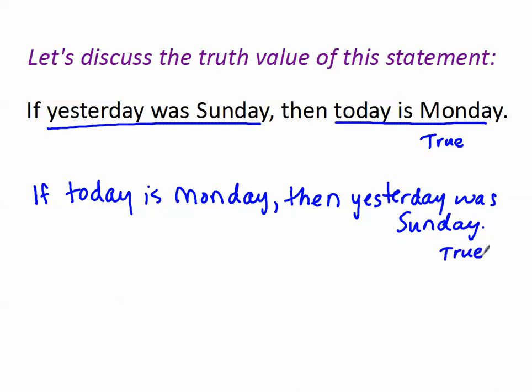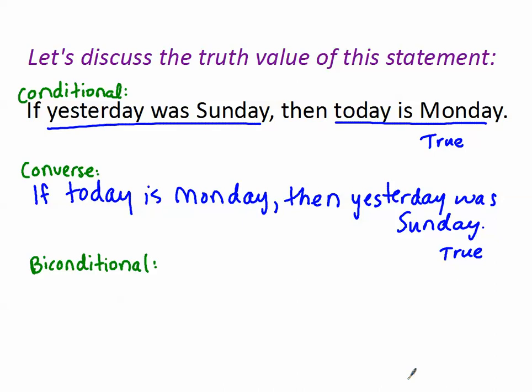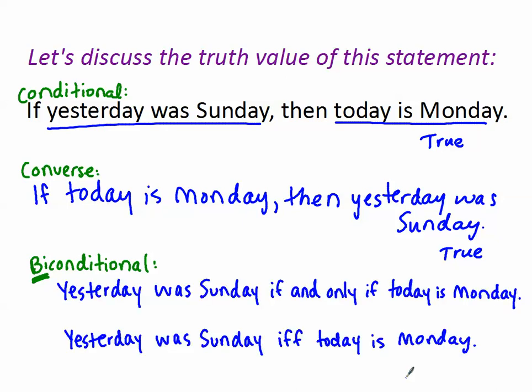When a statement is true forwards and backwards, the conditional and the converse are true, then a faster way to write it is the biconditional. Bi, a prefix meaning two. It works two ways. So we say yesterday was Sunday if and only if today is Monday. Here are two ways to write it.